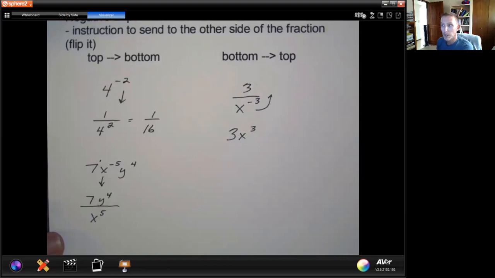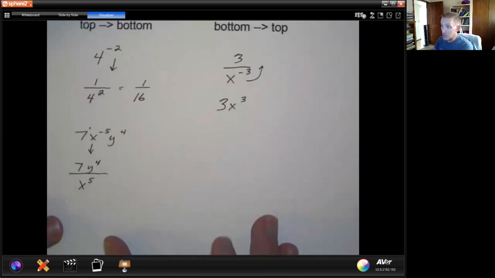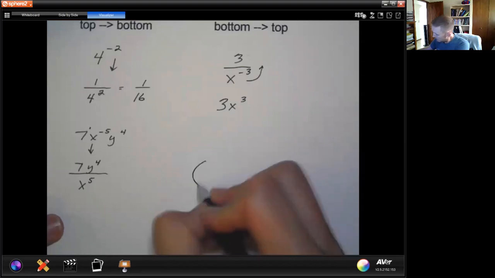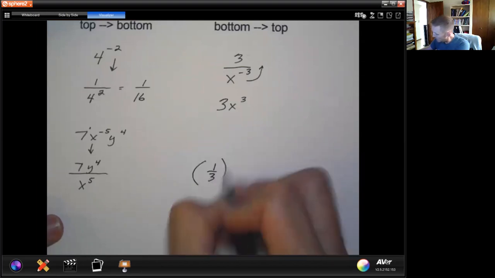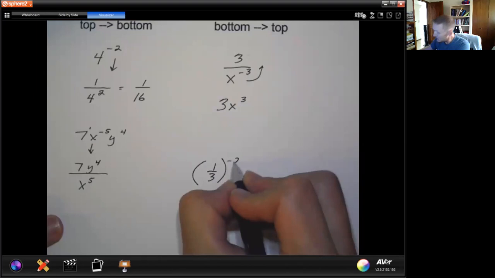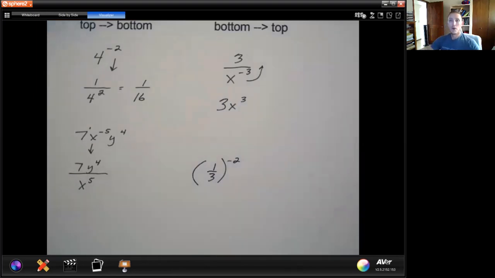All right. What if it is all a fraction? Let's take this, 1/3 all to the negative second power. If you have the entire fraction inside parentheses with a negative exponent, the entire fraction has to flip.